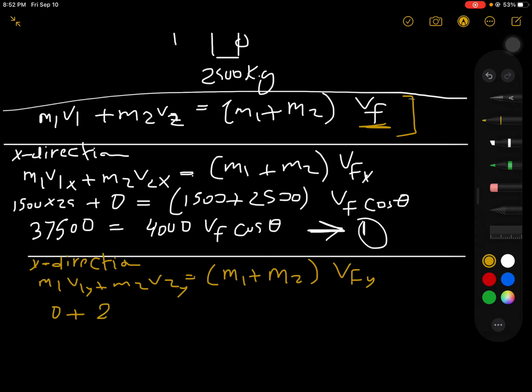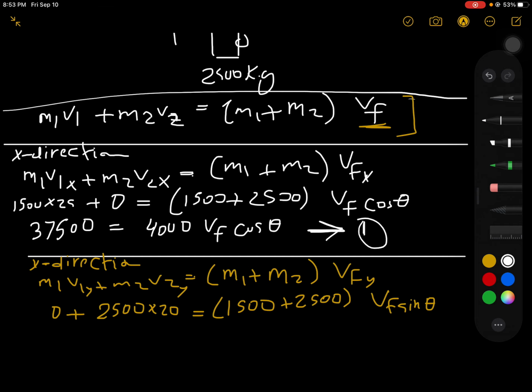So 0 plus m2, 2500, times v2, times 20, equals m1 plus m2, 1500 plus 2500, by vfy. And vfy, as we said, we can substitute with vf sine theta.